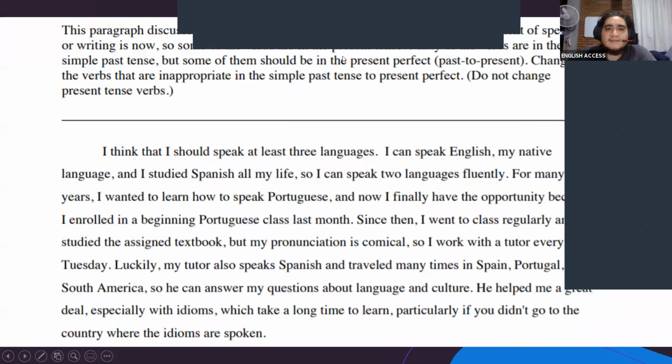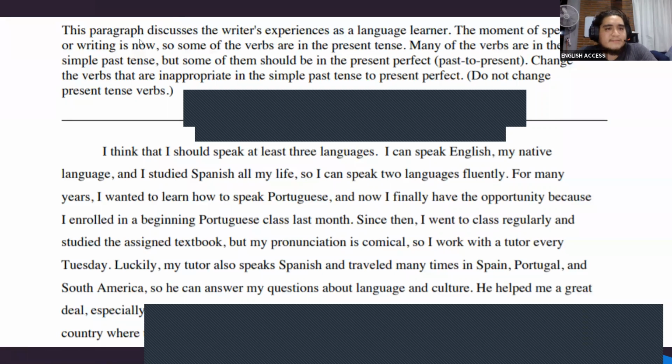Okay, now here we have another paragraph. It says, this paragraph discusses the writer's experiences as a language learner. The moment of speaking or writing is now. So some of the verbs are in the present tense.